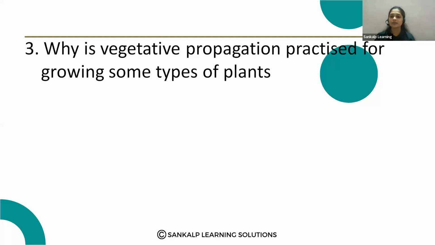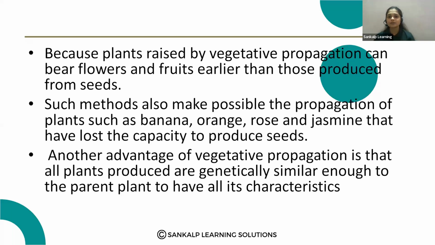So how is it beneficial for some types of plants? So here, what we can say, the plants that are grown by vegetative propagation will bear flowers and fruits earlier than those produced by seeds.